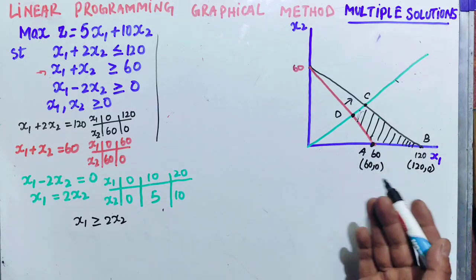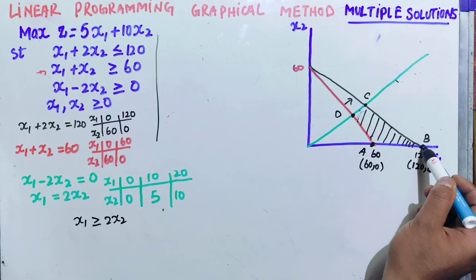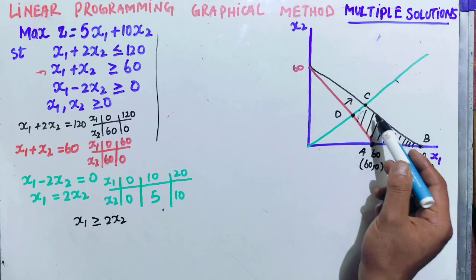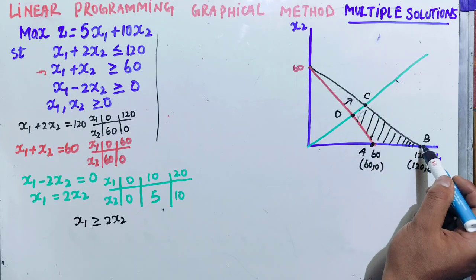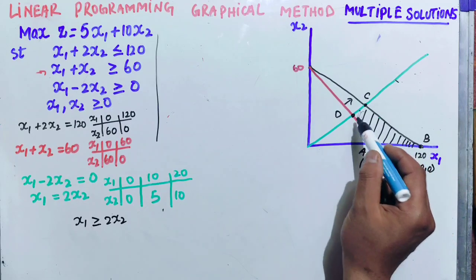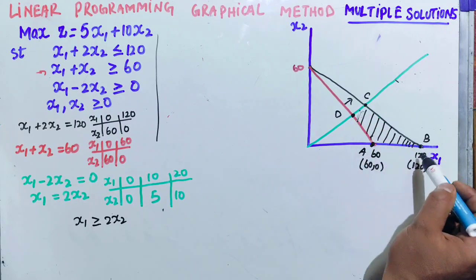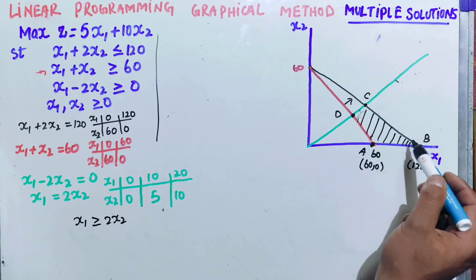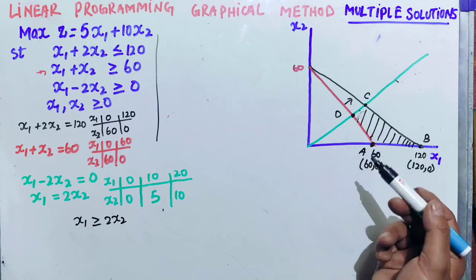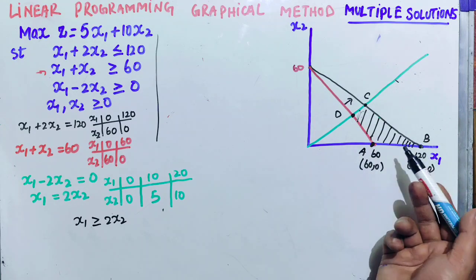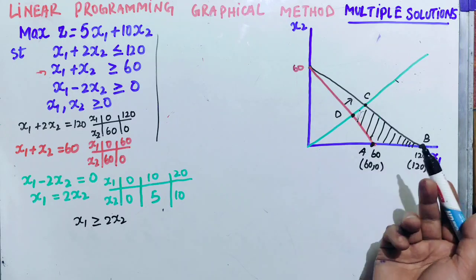So our optimal solution will lie, rather our optimal solution will be either at this point, this point, this point, or this, because this is the shaded region. The shaded region denotes the set of points that are the feasible solutions here.